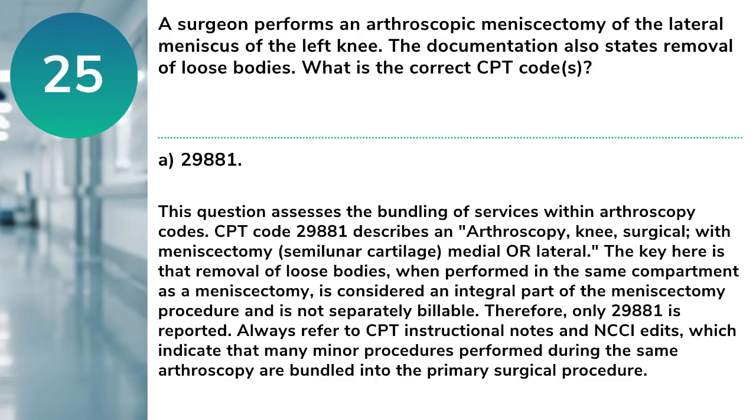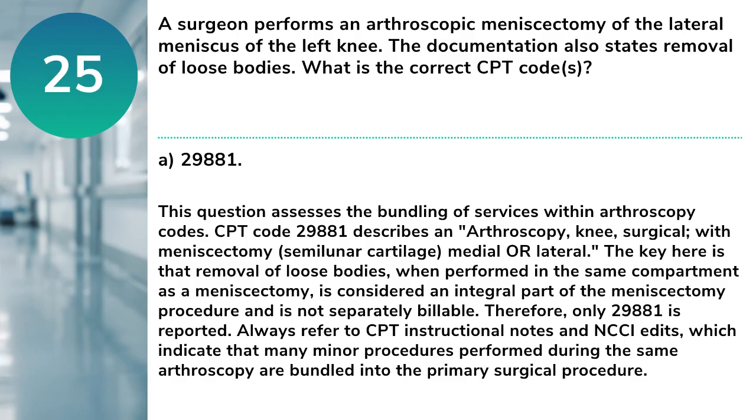Answer B. 23412. This question assesses the bundling of procedures in CPT coding. When an acromioplasty is performed as part of an open rotator cuff repair, it is considered an integral component of the rotator cuff repair and is not separately reported.